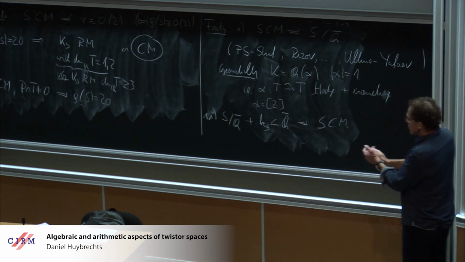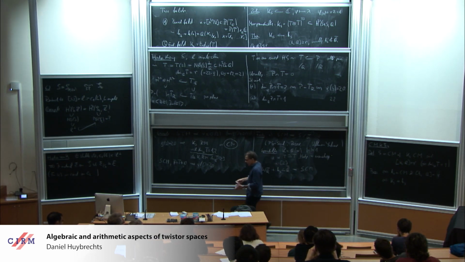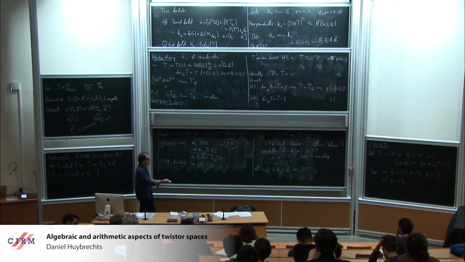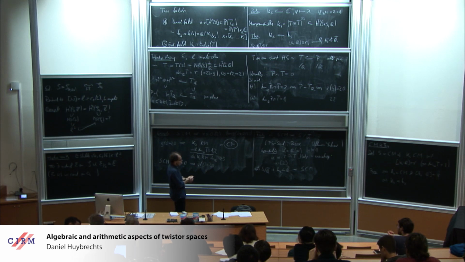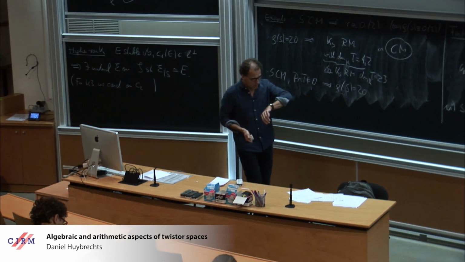So roughly that's the K3 analog of a classical result for elliptic curves. If you have an elliptic curve with algebraic period and being defined over a number field, so the point in the moduli space has coefficients in Q bar, that's only the case if the elliptic curve, and here the K3 surface, has complex multiplication.